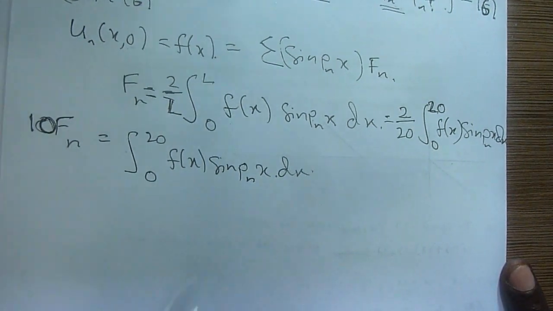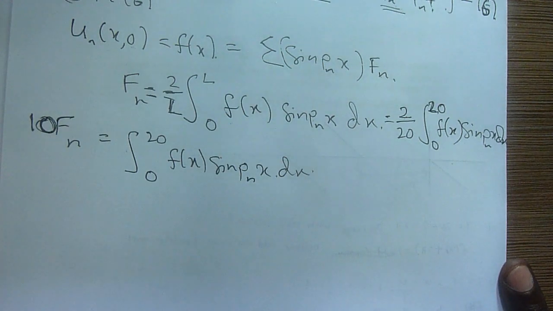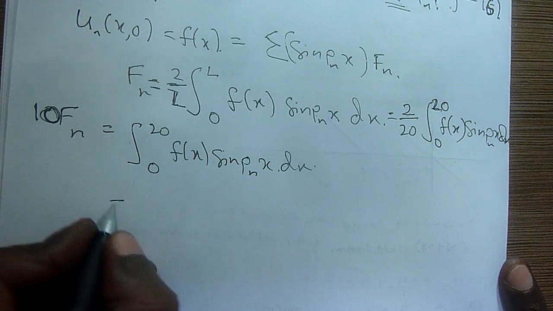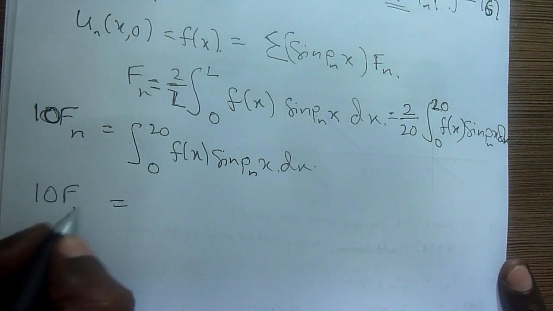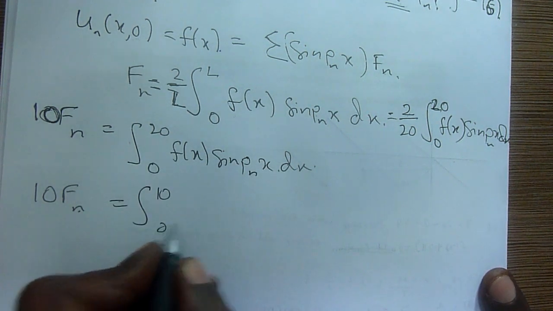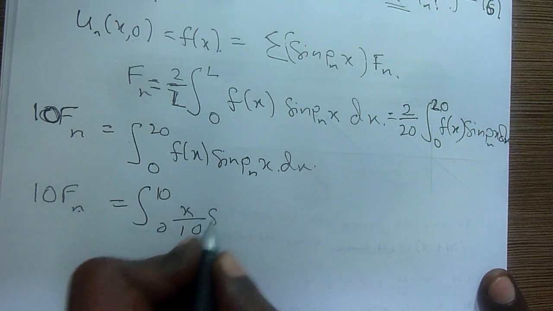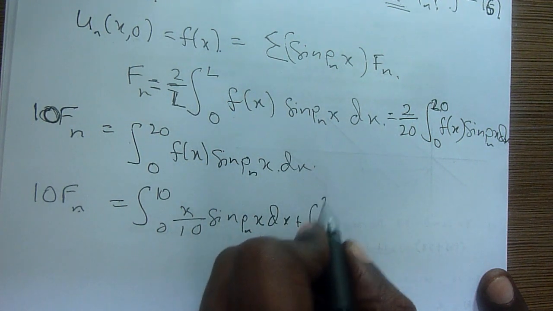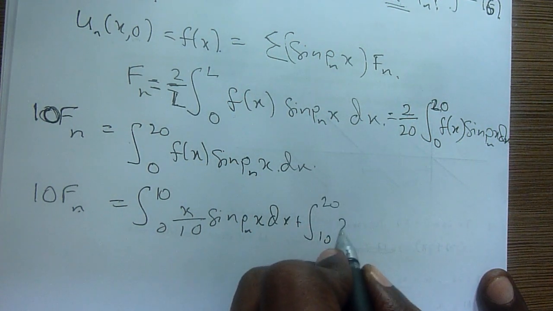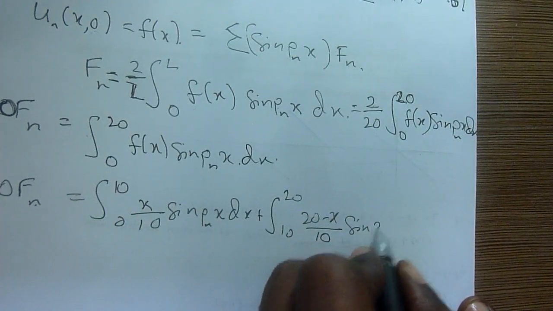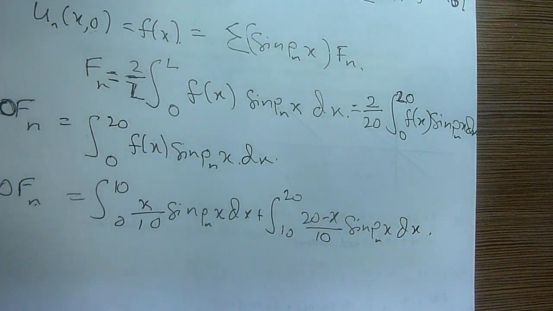Now I'm going to split this into two because it is piecewise. I make it two pieces: 0 to 10, x sine pnx dx, and 10 to 20, 20 minus x, sine pnx dx.